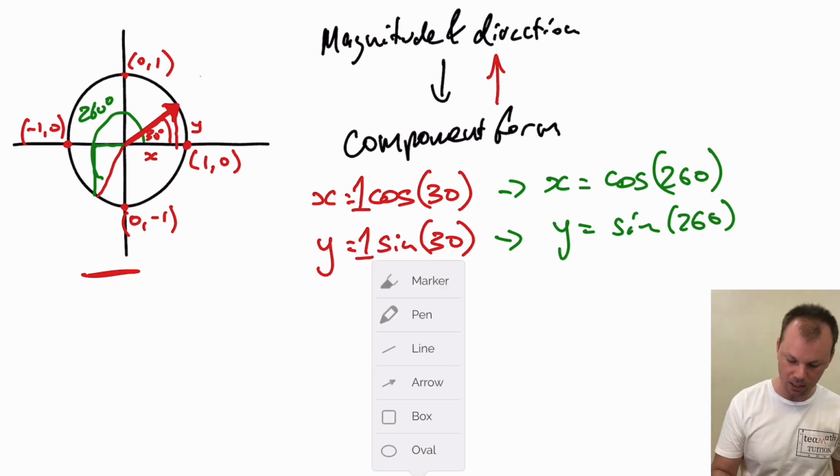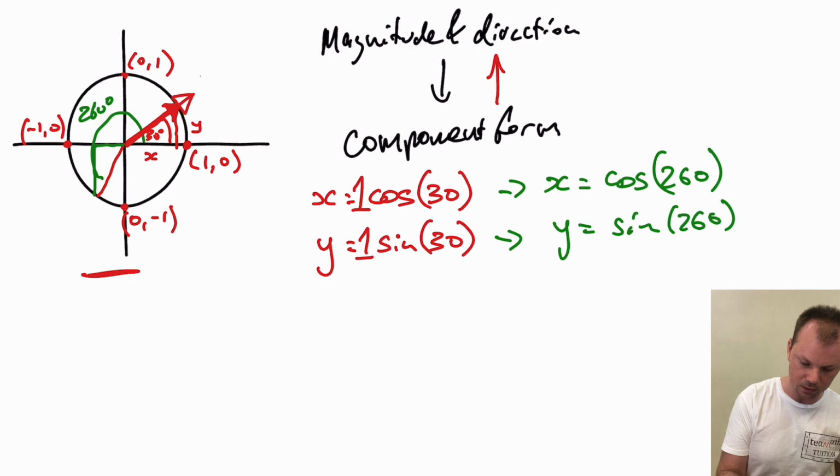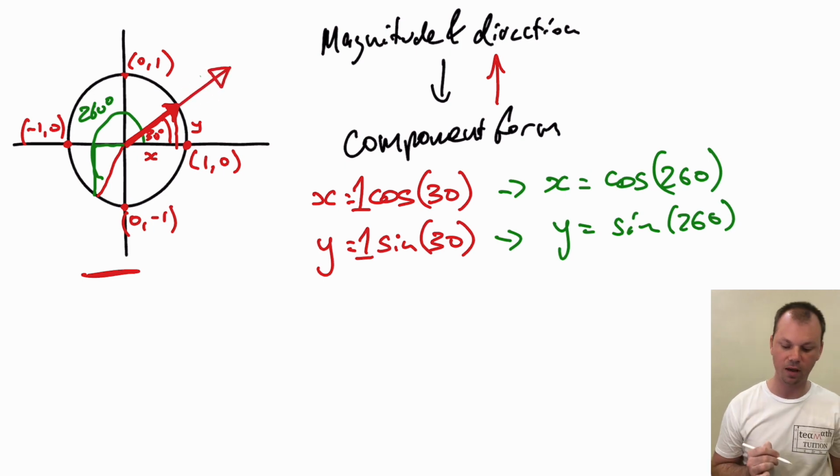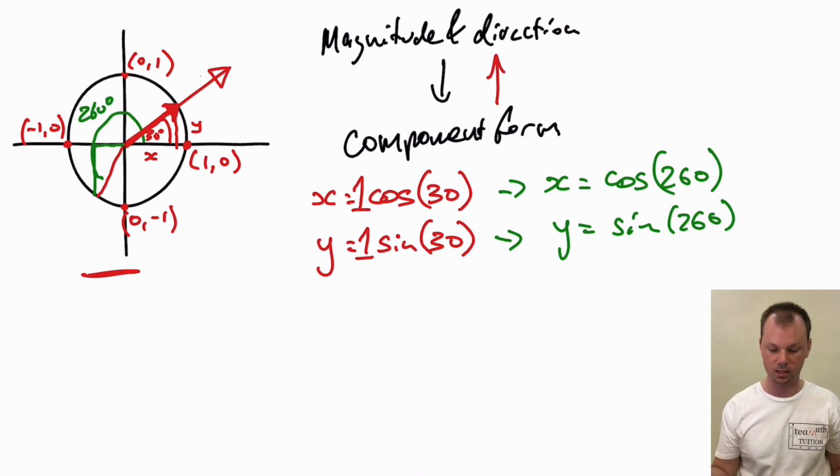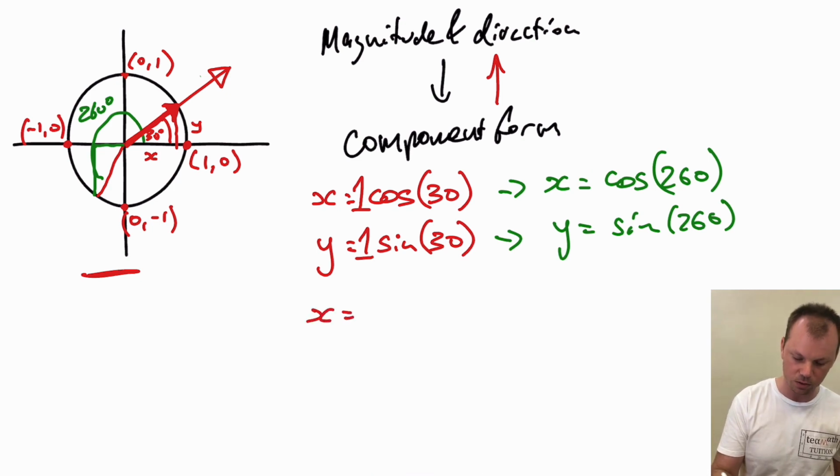If I was to double the length of this vector, if I was to scale it up by a factor of 2, and I wanted to know how far it was in the x direction and the y direction, my x would now be 2 cos 30, and my y would be 2 sine 30.